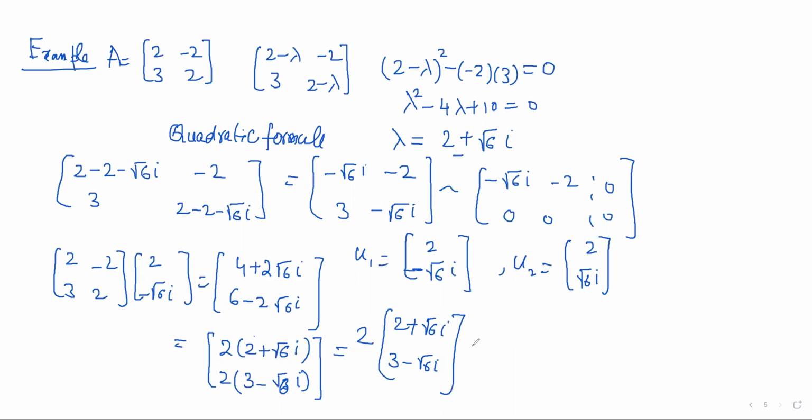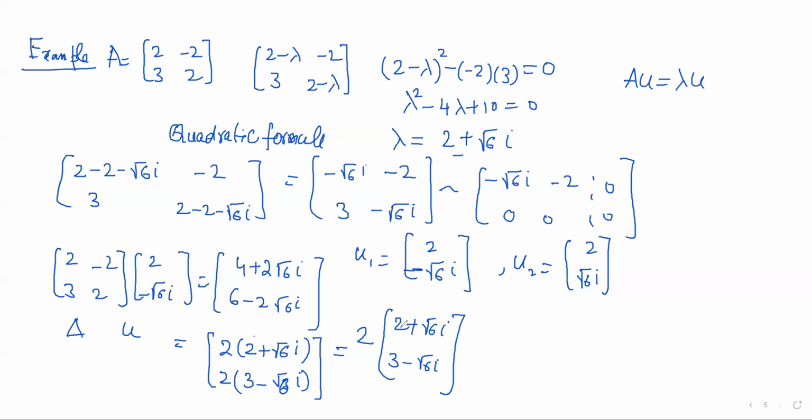So this is A, this is U, and for the eigenvector, what we should have is AU is equal to lambda U. Lambda was 2 plus root 6 i, and U is this one. I don't have time, but I think we can prove it.